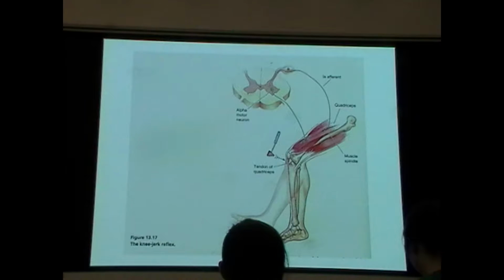Now, reflexes are reflexes because from a specific stimulus, you typically get a specific response. Can that response be altered? Yes, it can be altered by your thought processes, by your brain.